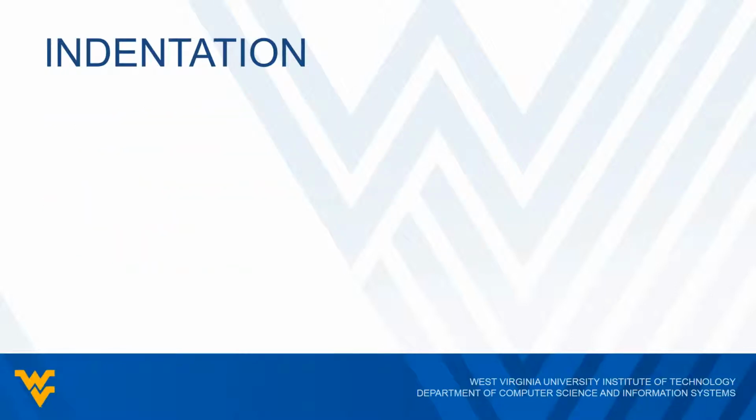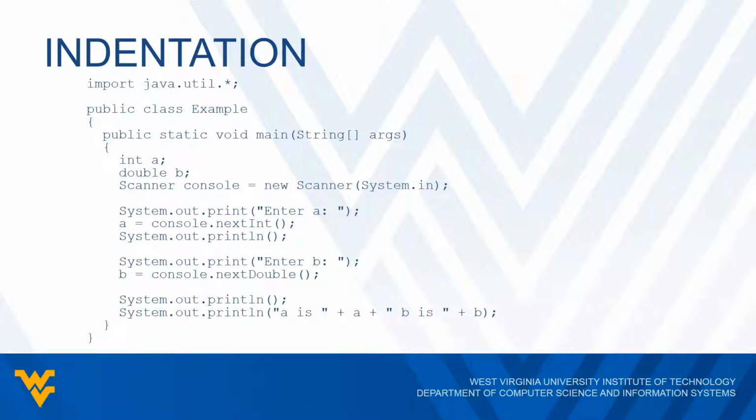So let's take the same code from before and let's take a look at what happens when we apply indentation. This looks much nicer, much nicer. So I can see that I have all this code that's inside the example class, and then I have so much code inside my main method because I included indentation in between curly braces. And then I've included some spacing between the different parts of my program.